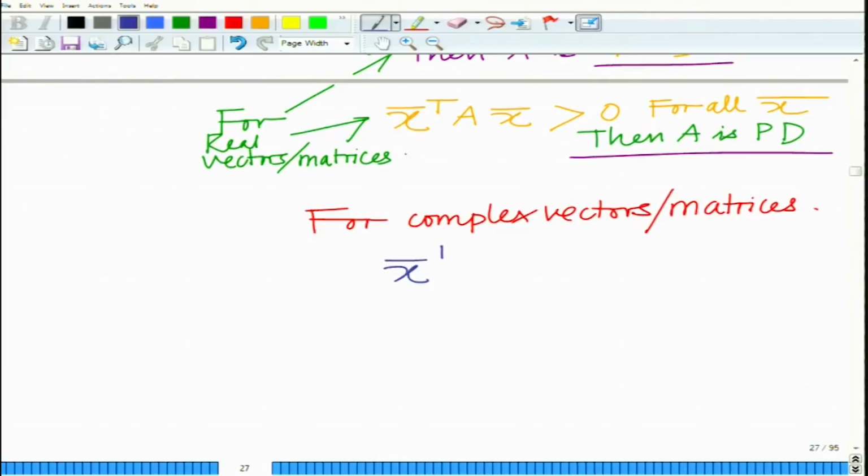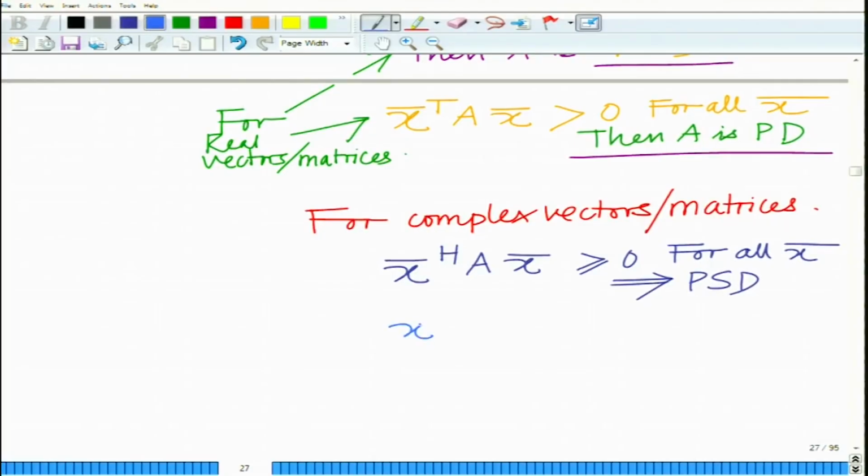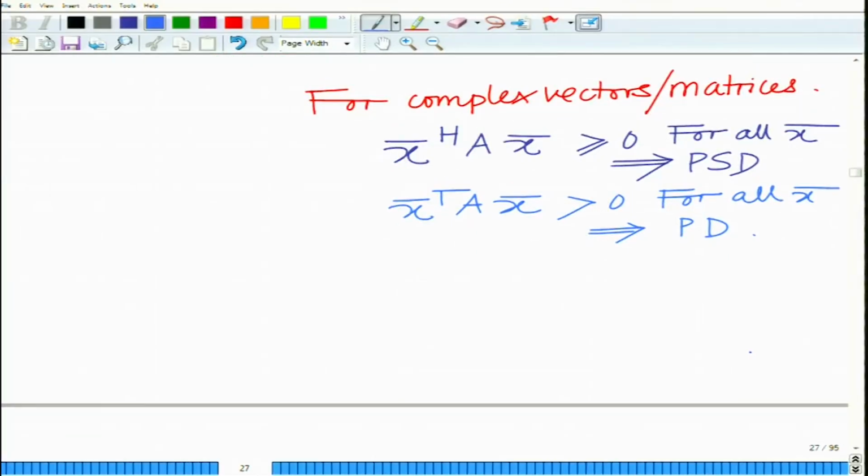So, x bar Hermitian A x bar greater than or equal to 0 for all x bar implies positive semi-definite, and further, x bar Hermitian A x bar strictly greater than 0 for all x bar implies a positive definite matrix. So, this definition is for complex matrices and vectors.